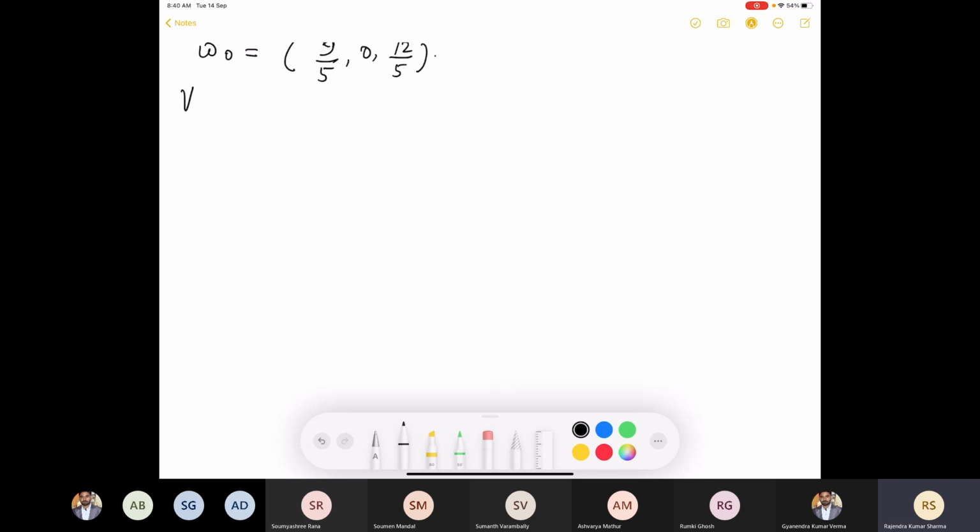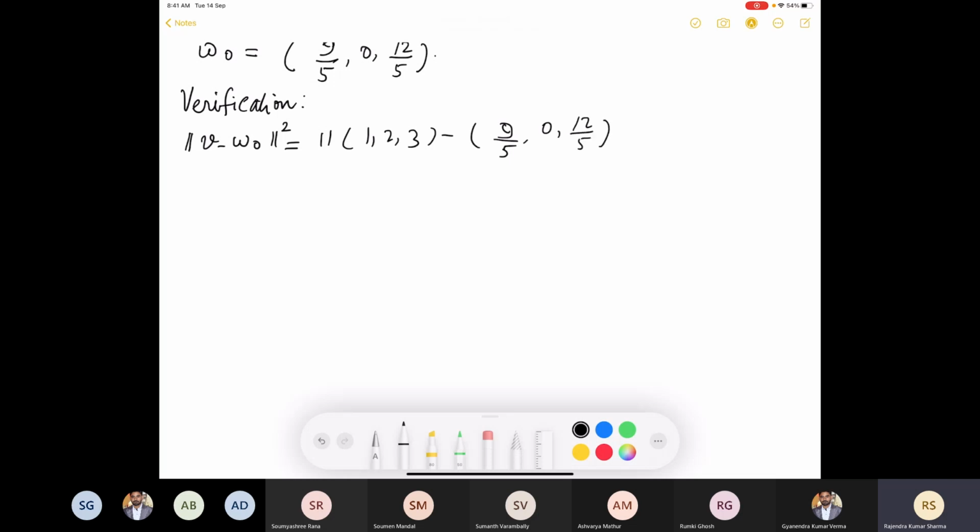You can verify, so verification also we can do. What we want to say is that the norm of V minus W naught is always less or equal to the norm of V minus W for every W in W. So we calculate the square of the norm of V minus W naught: norm of 1, 2, 3 minus this vector 9 by 5, 0, 12 by 5, squared.